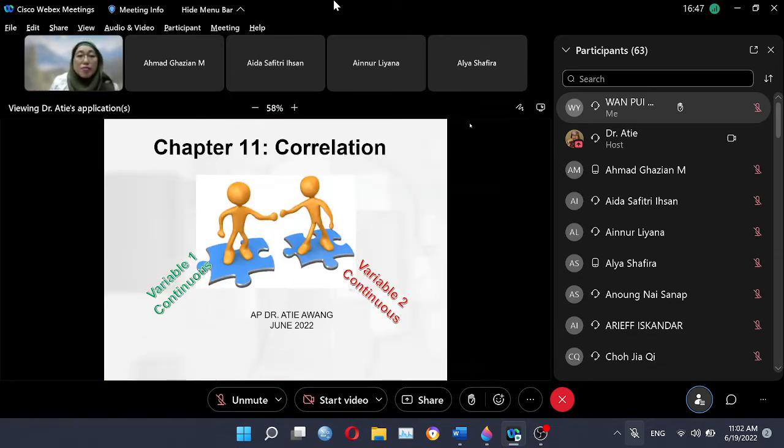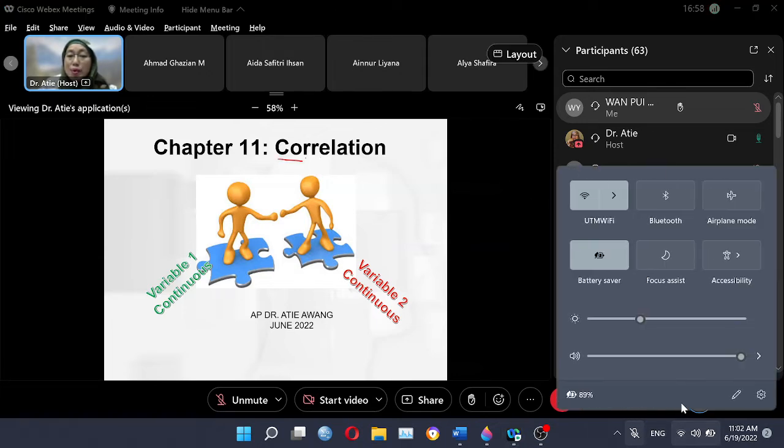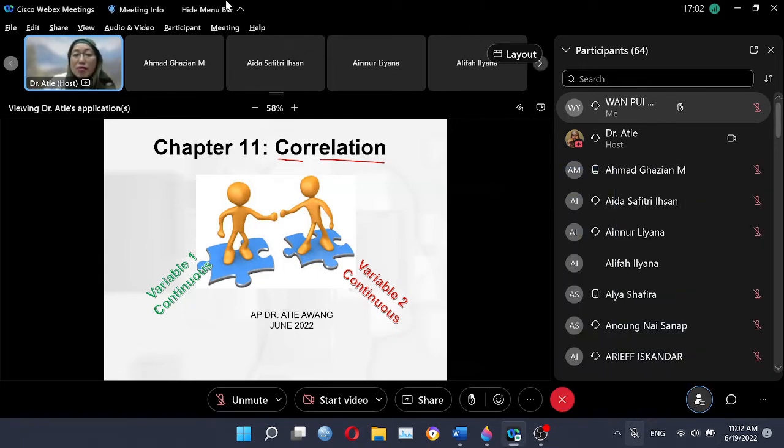Okay, correlation. The clue word here is that the base words for this one are co and relation. So the purpose of correlation is to determine whether a relationship exists between two variables, right? So that's what is meant by correlation.